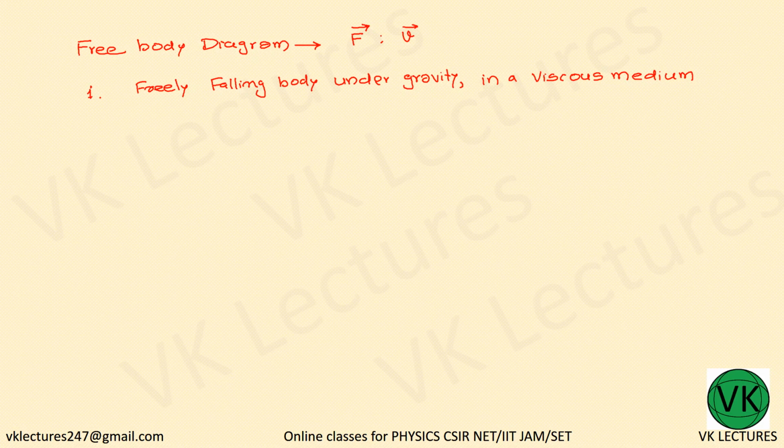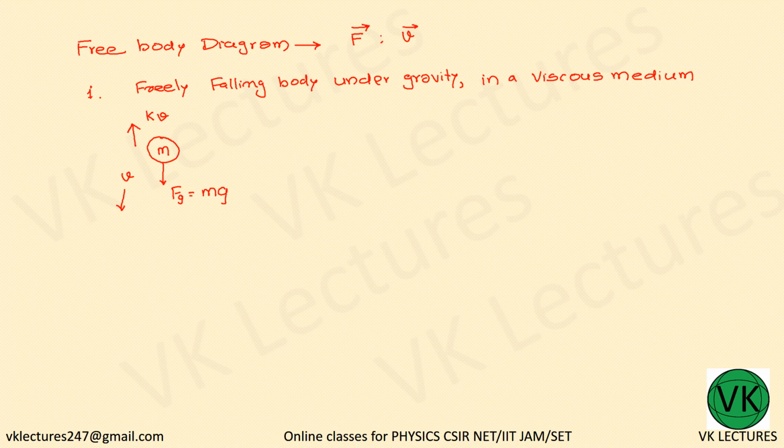So when the mass body with the mass m falls down, the gravitational force Fg is equal to m times g, and there is a resistive force against the motion of this mass. That means the velocity of the body is in the downward direction and the resistive force is in the upward direction, and that is given as k times v.